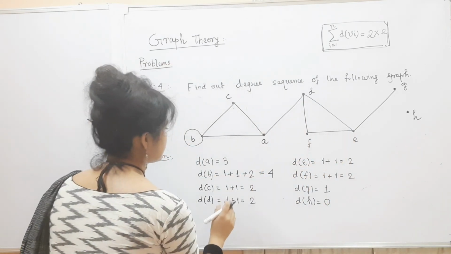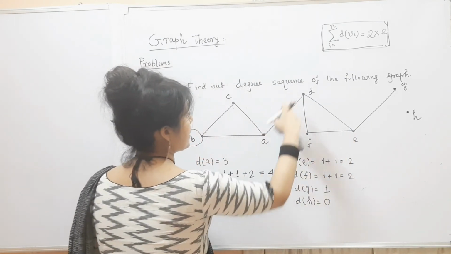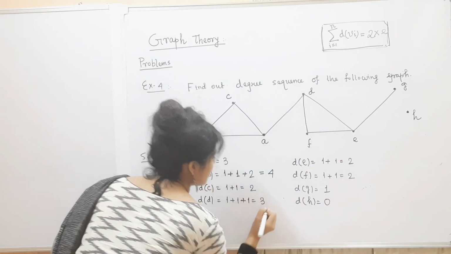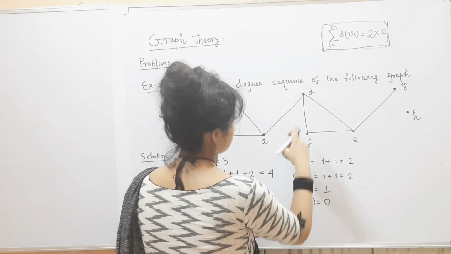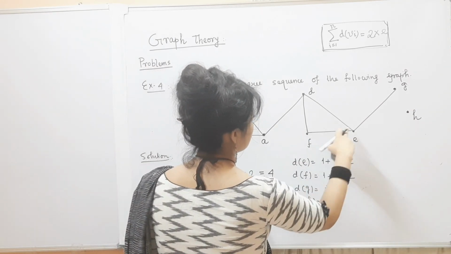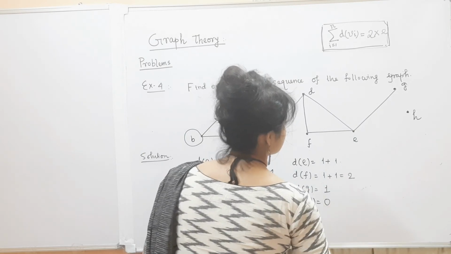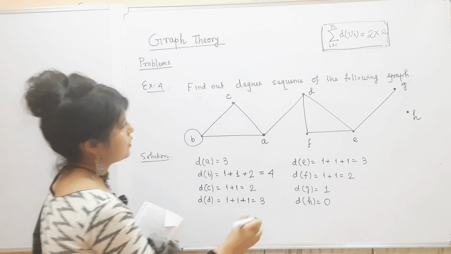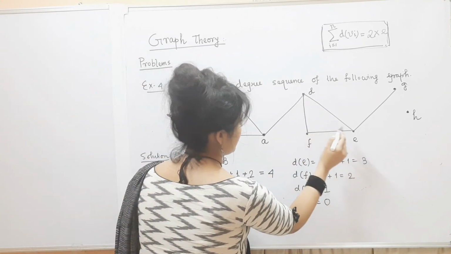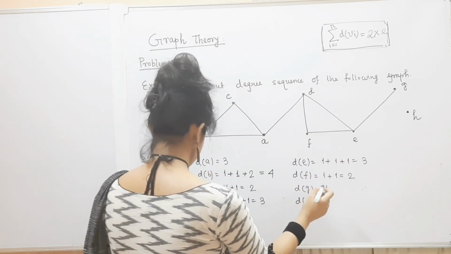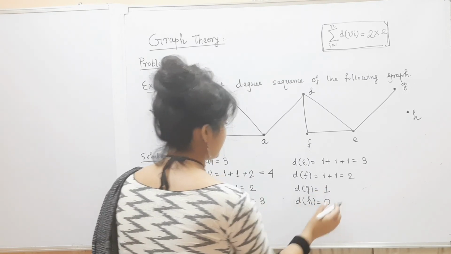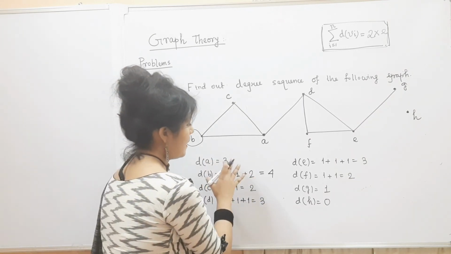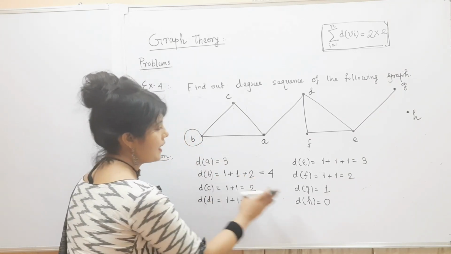So degree of D will be 1, 1, 1, so 1 plus 1 plus 1, that is degree of D is 3, and degree of E is 1, 1, 1, so it's again 3. I have missed the edge. So this is 3, degree of F is 2, degree of G is 1, and degree of H is 0. So I have found out all the degrees of the vertices from A to H.